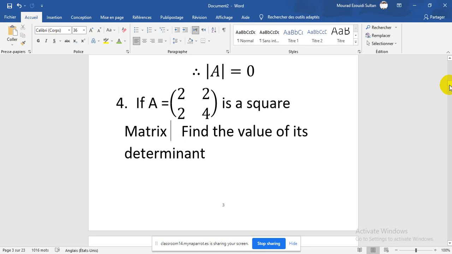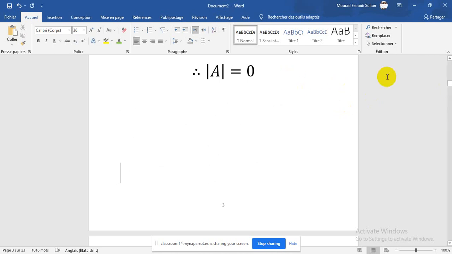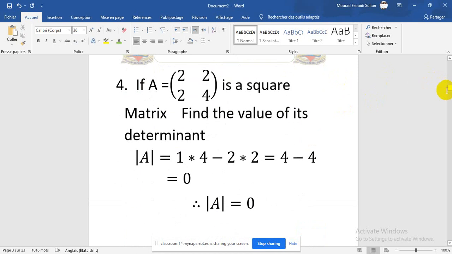So here I will press enter to let the question be clear for you. Then look, I will make 2 multiplied by 4.